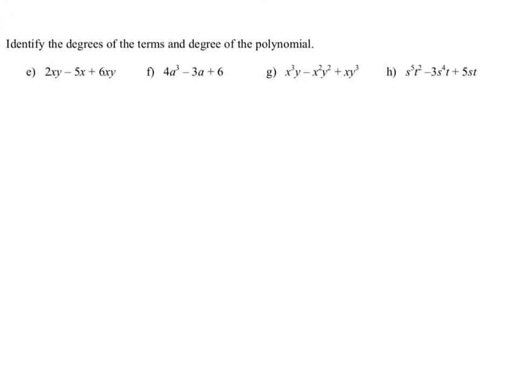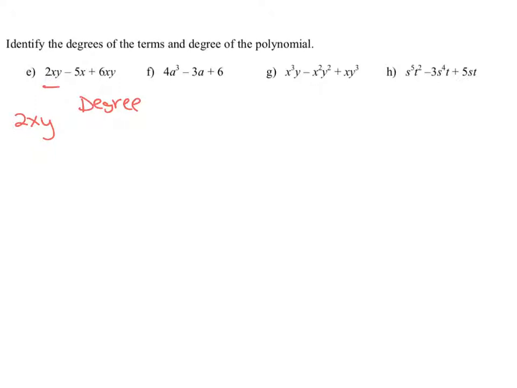In this example, we're identifying the degrees of the terms and the degree of the polynomial. So we look at each individual term. In the first example, the first term is 2xy, and we'll list the degree of each of those terms and then the degree of the entire polynomial.